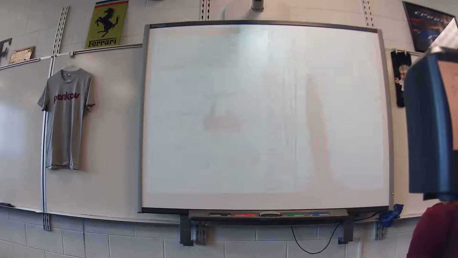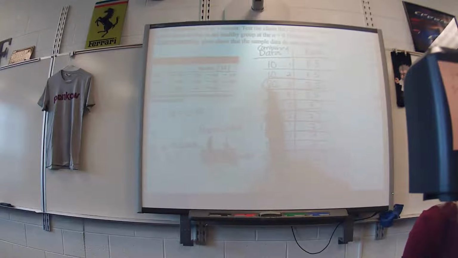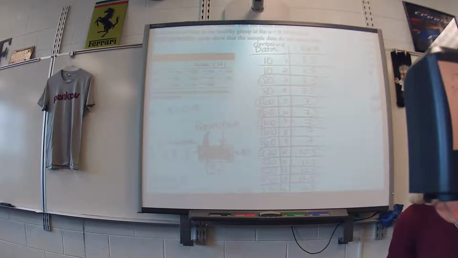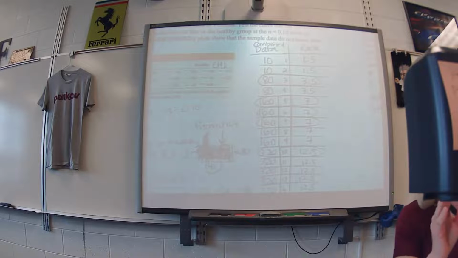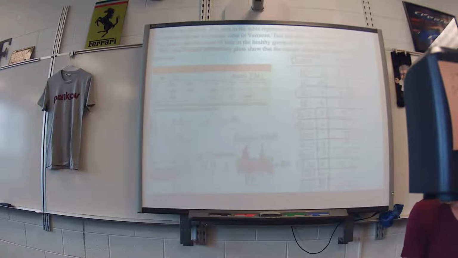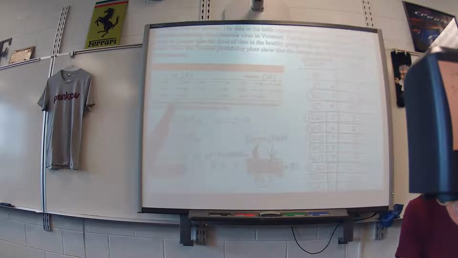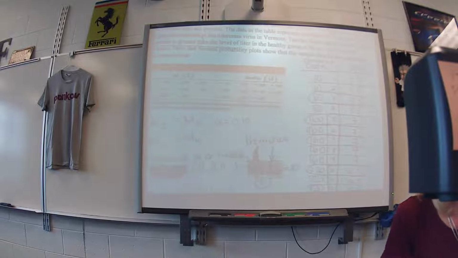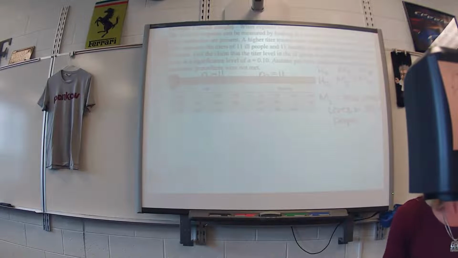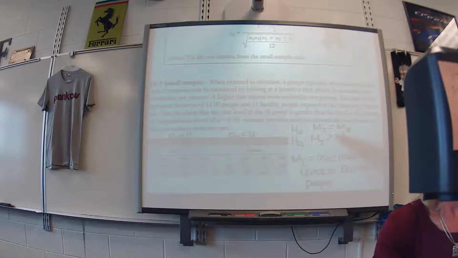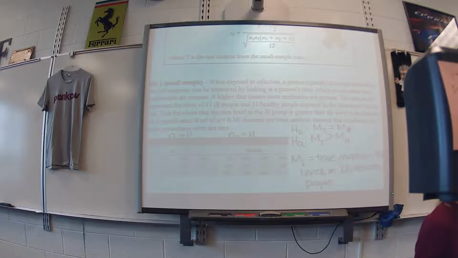But when you notice this, I have some of these circled. Why are they circled? Because at this point, once they're all ranked, now you go back and you say, well, I only want the ones that are in group 1. Okay, now how do you know which one is group 1 and group 2? It was how we defined it over here. I said M sub I was greater than M sub H. So M sub I is defined as my group 1.